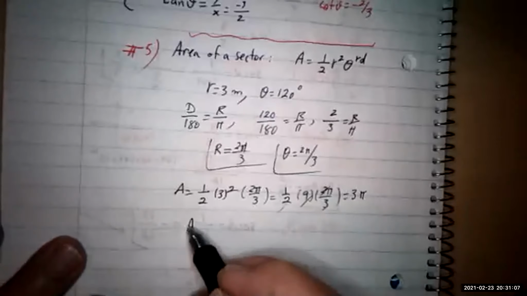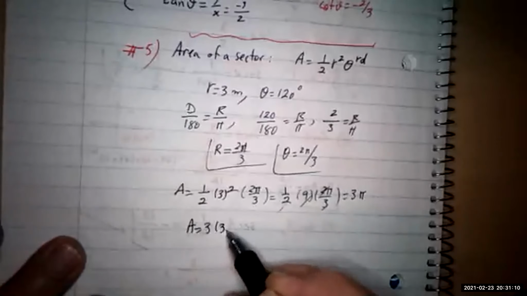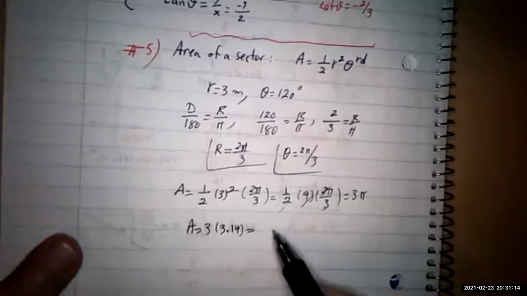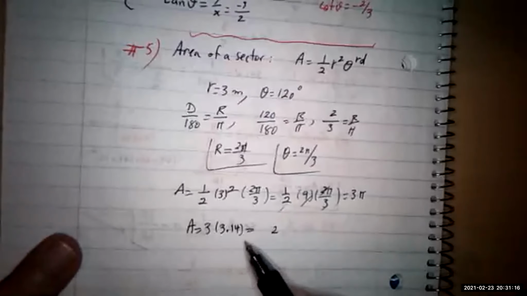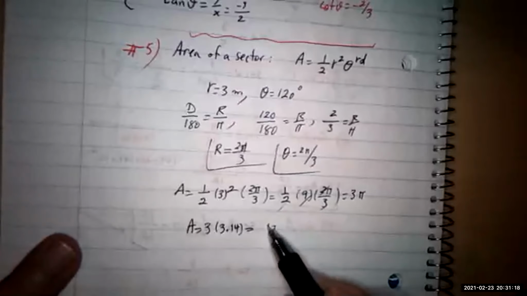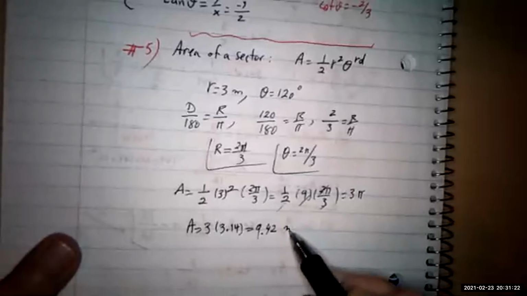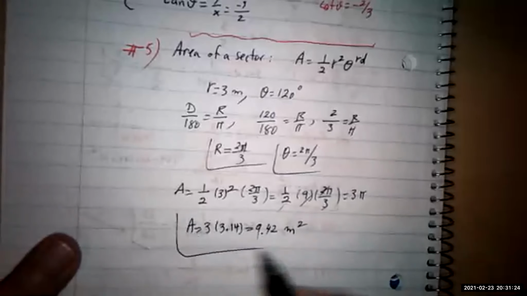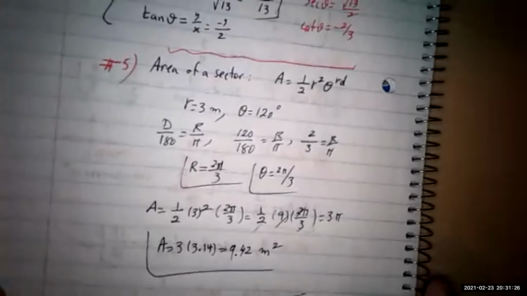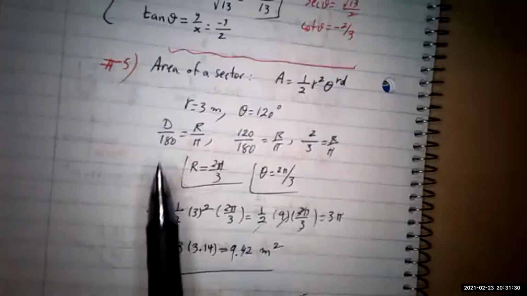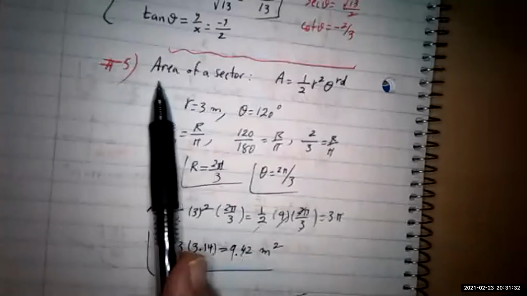So it's going to be 3 times 3.14, which is 9.42. You have to give a measurement. It's square meters because that's an area problem. Okay, any question? So that's the area of a sector.